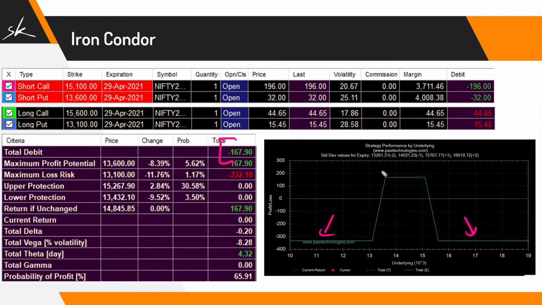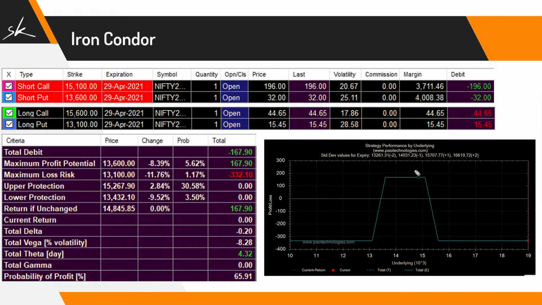And again, your break-even points would still be the same: your strike, which is 13,600 minus the premium, and similarly 15,100 plus the premium. Those are your break-even points, and as long as prices remain in this range, you are making the maximum profit.